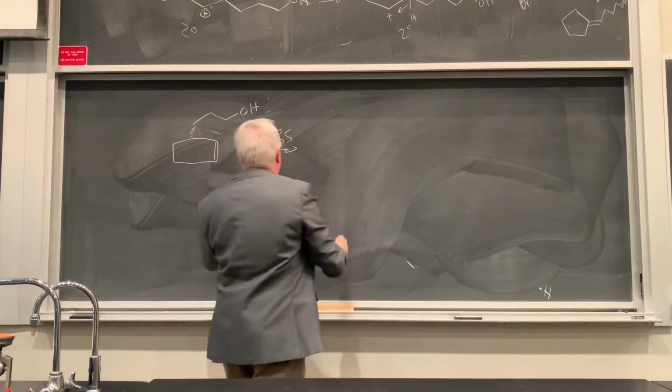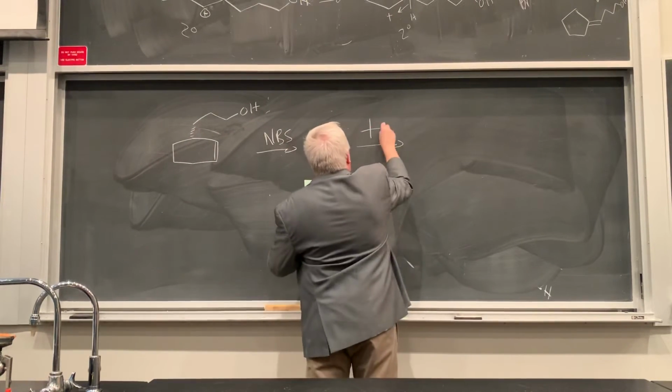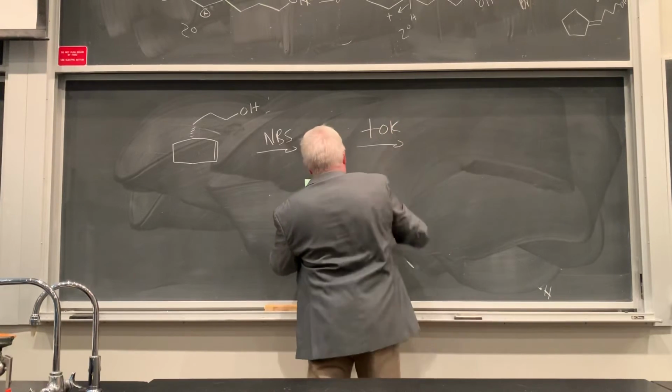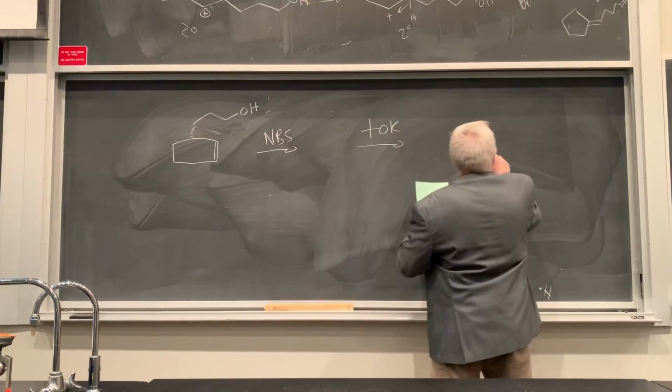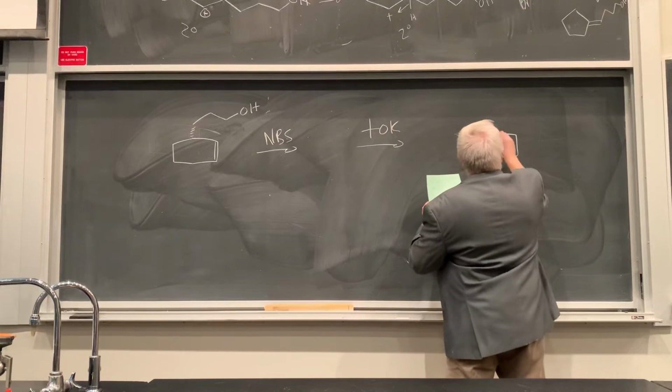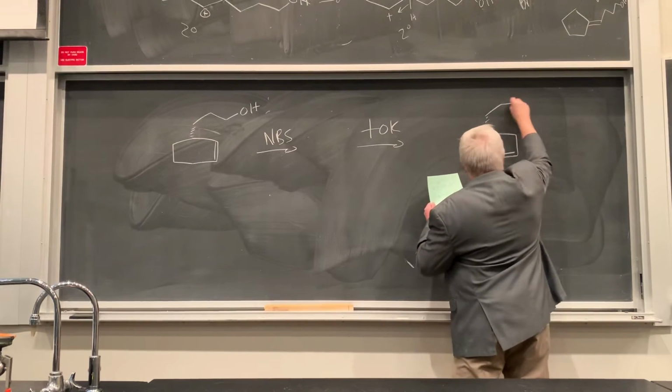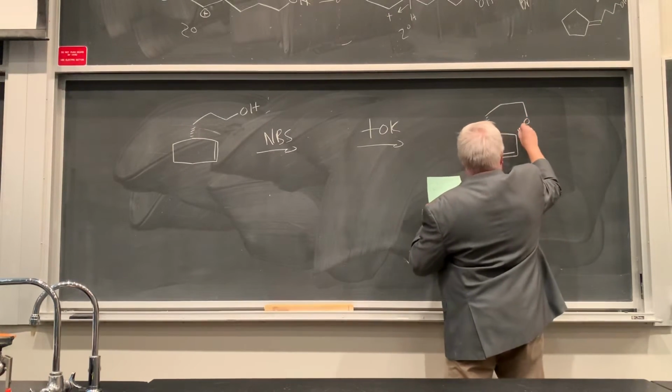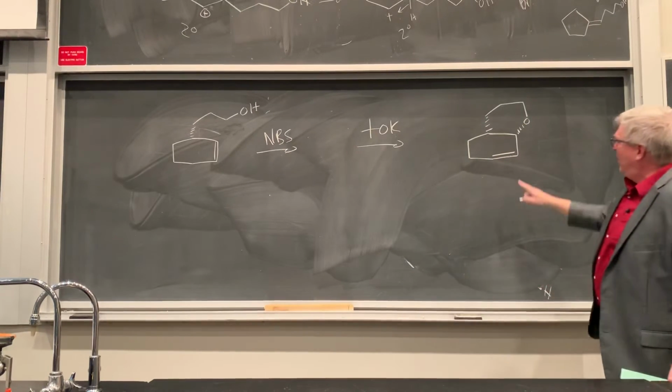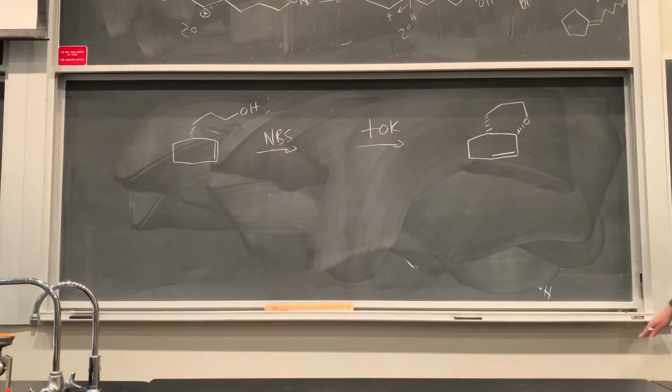Now, what is NBS? Then we're going to react it with potassium tert-butoxide, and we're going to get this product. Your goal here is just to provide an electron-pushing pathway that gets from the starting material to this bicyclic product. And it's an ether, right?